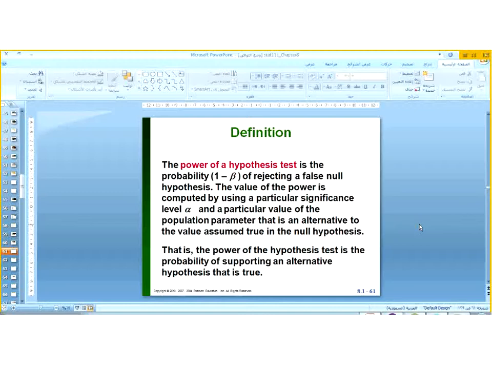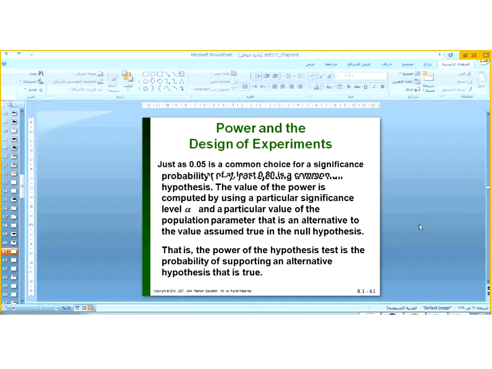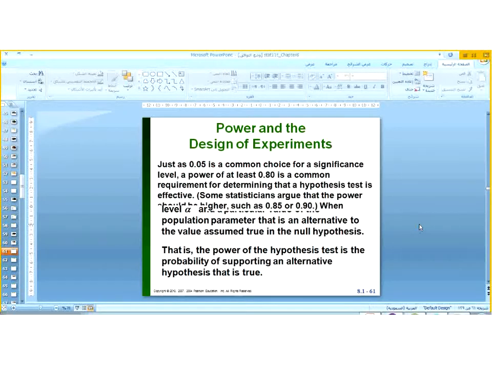So هذا good decision. So I want it to be large, and the value of the power is computed by using a particular significance level alpha and a particular value the population parameter that is an alternative to the value assumed true in the null hypothesis. So it's the probability of supporting an alternative hypothesis that is true. So it's a good decision, and I want it to be large.